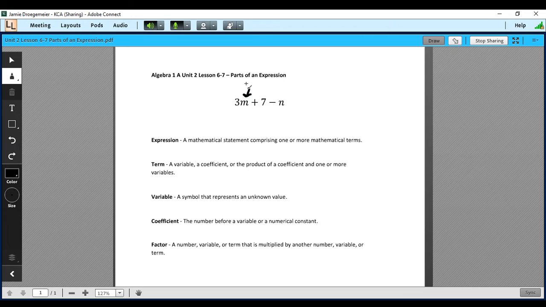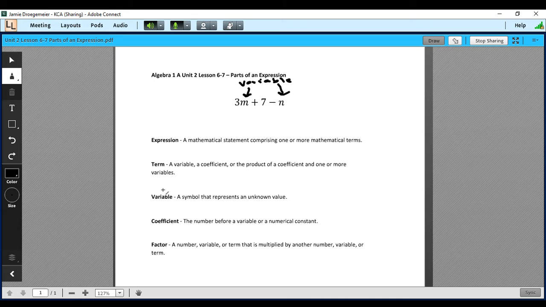So m and n, or negative n in this case, are both considered variables in our expression. A coefficient is our mathematical term for the number before a variable or a numerical constant.